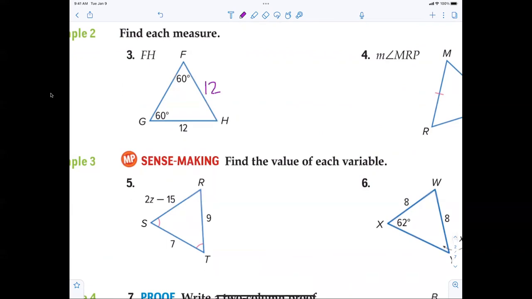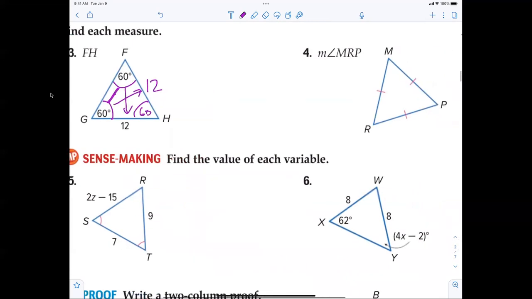How do we know it's 12? First off, this is 60 and this is 60, which forces this to be 60, which means it's actually an equilateral triangle. So all the sides are the same. However, we really didn't need to know that because 60 and 60 are equal, so the opposite sides are equal. You understand what I'm saying? Don't just look at the right and left sides. It doesn't have to be the right side and the left side.